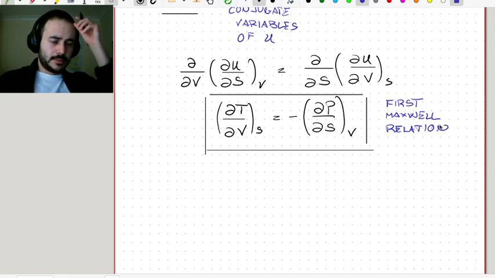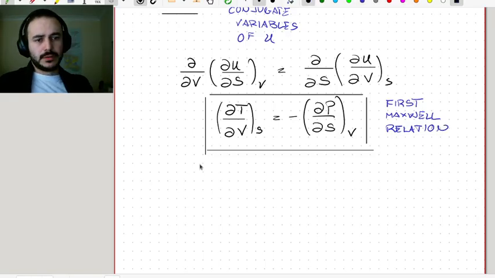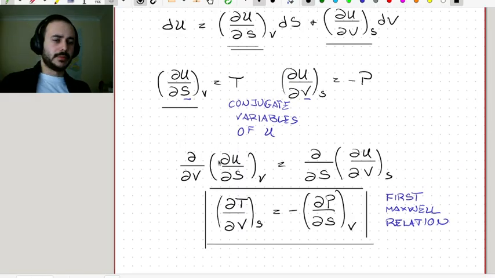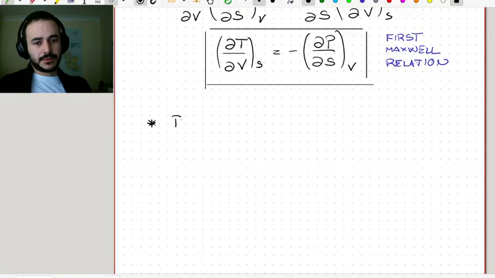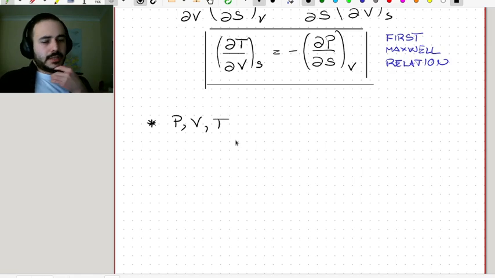A couple of remarks before I move on, so that, you know, maybe you have some of these questions already in the back of your mind. So first of all, so far when we have solved some practical examples, we have always chosen as independent variables for the single component expansive system two variables out of the set PVT. Okay, and that makes sense.